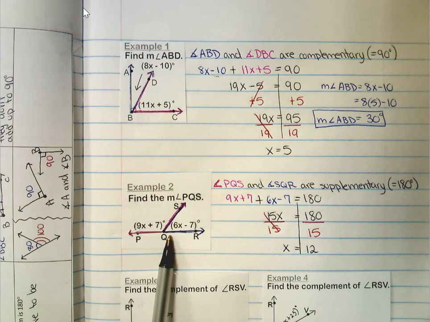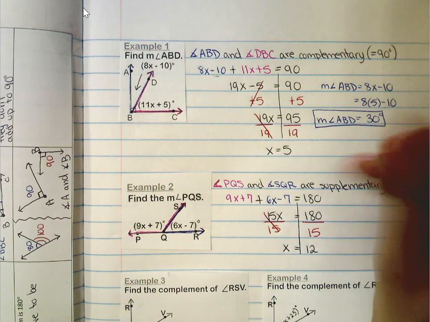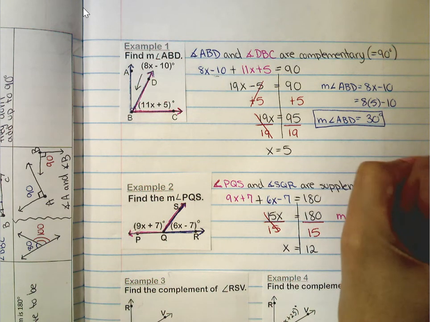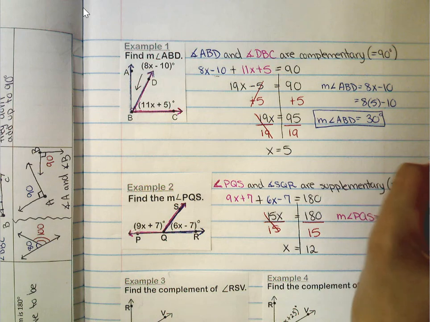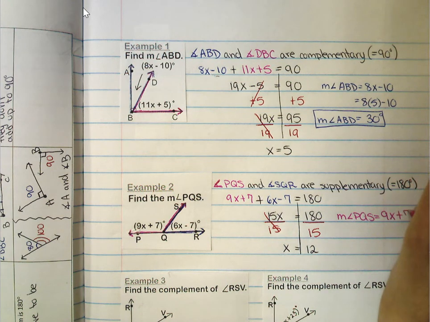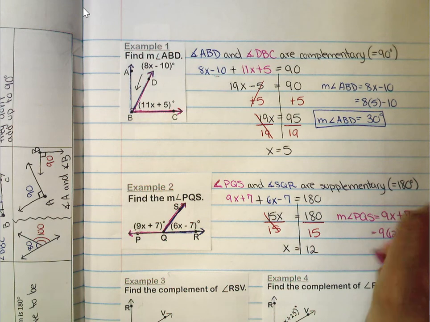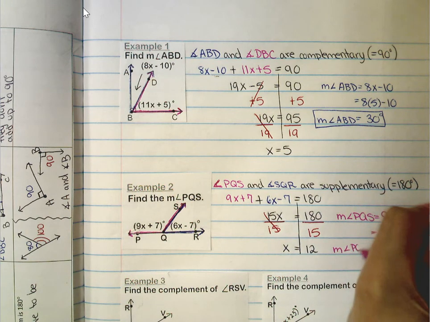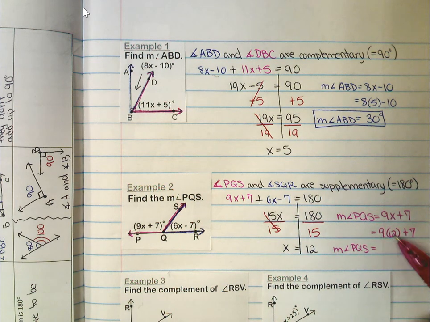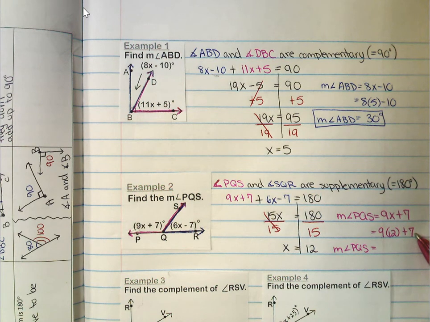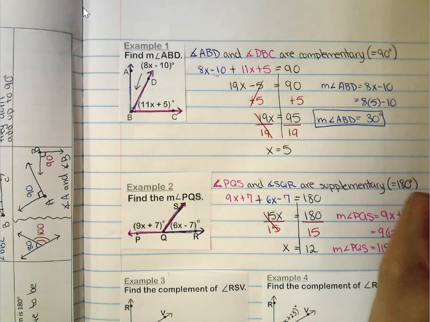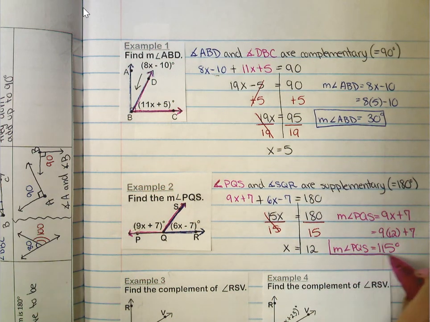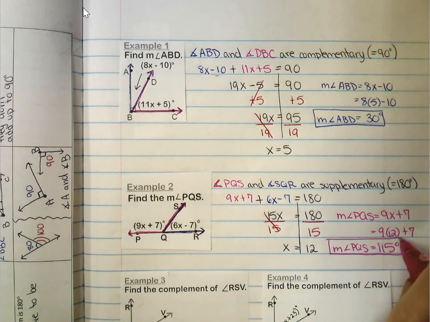PQS is this pink angle, so I'm going to plug it in for PQS. That's 9x plus 7. I am replacing the x with the 12. When I multiply, 9 times 12 plus 7 gives me 115. So my final answer, the measurement of PQS, is 115 degrees.